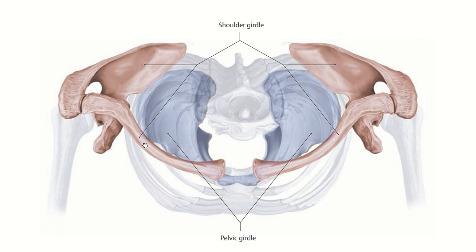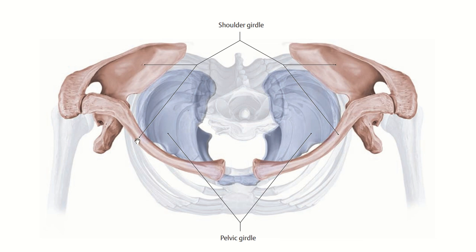The clavicle is the most commonly fractured bone in the body because it actually supports the weight of the upper limb towards your axial skeleton. So the most common point for the clavicle to fracture is the junction between the lateral third and the middle third, or the junction between the lateral one-third and the medial two-thirds.